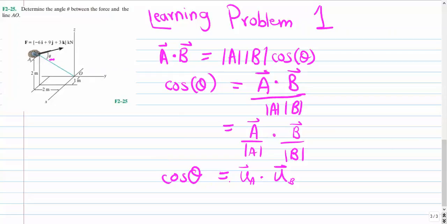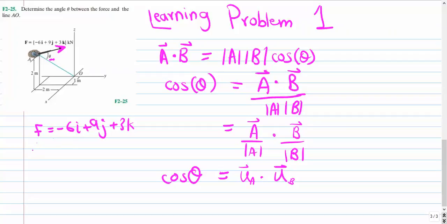So this is the new form of the formula that we will be using for this question. First of all, we need the unit vector in the direction of the force vector F. So let's do that. They have given us the Cartesian form of the force vector, that is negative 6i plus 9j plus 3k.